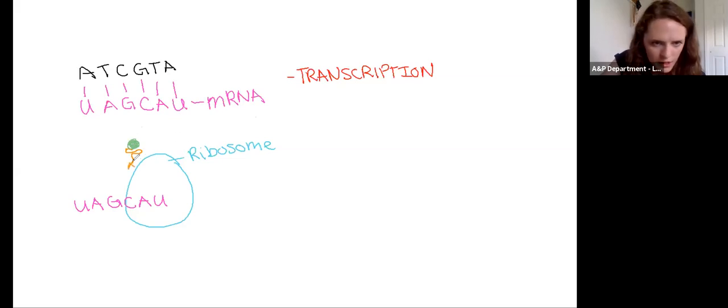You know that A pairs with U, so this tRNA is going to come and attach to this U. Okay, so this floats down and attaches to this U. Then you have another tRNA come along with a different amino acid on top that is going to connect with this A. And you know that the A connects to U in RNA.